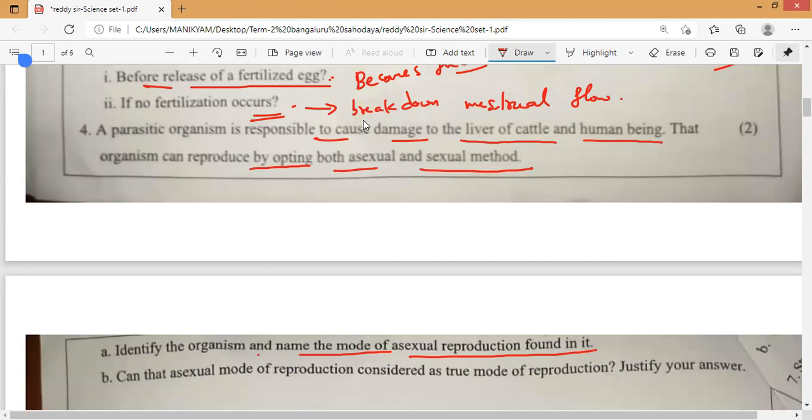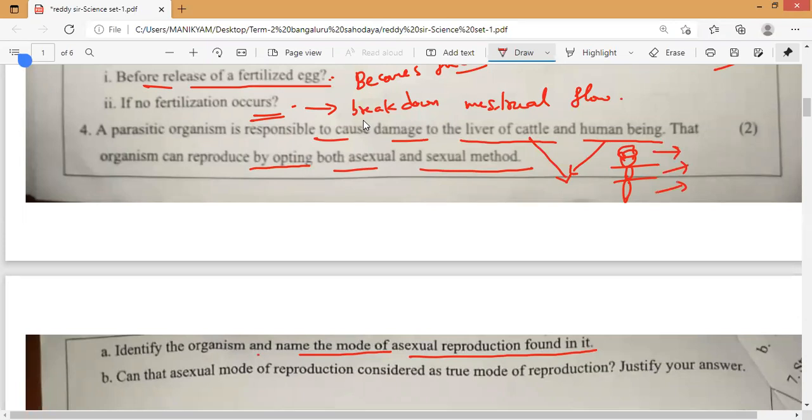I will give you the clue also: if you cut this single organism into three parts, the three parts will start growing into individual organisms, as Karthikeyan knows very well. Anybody?